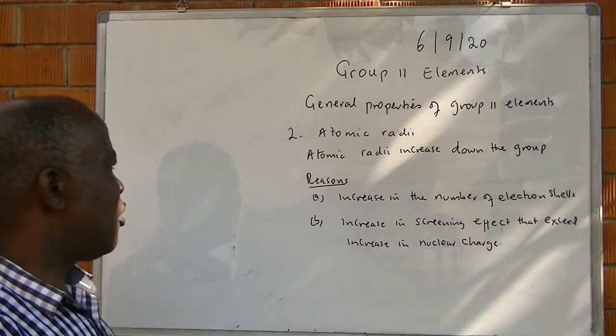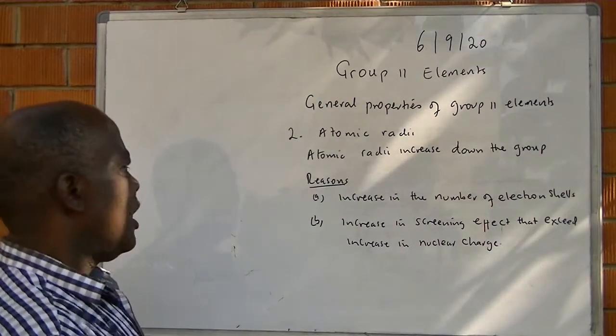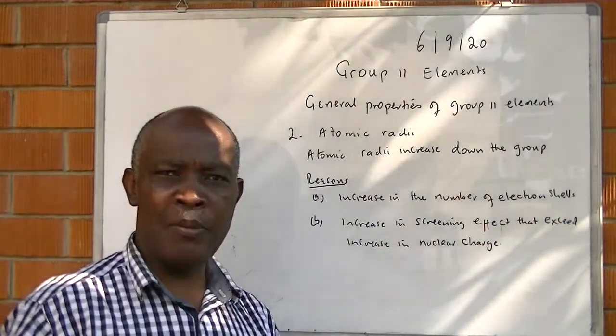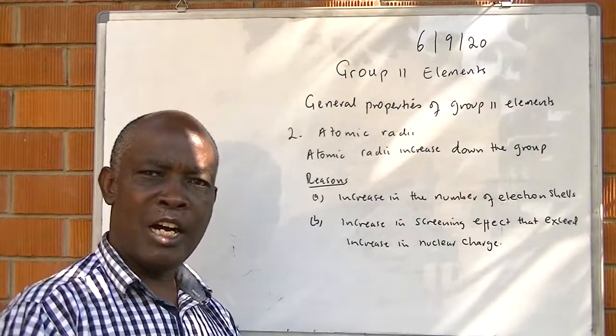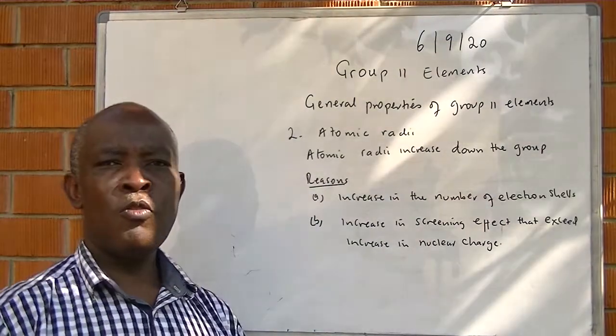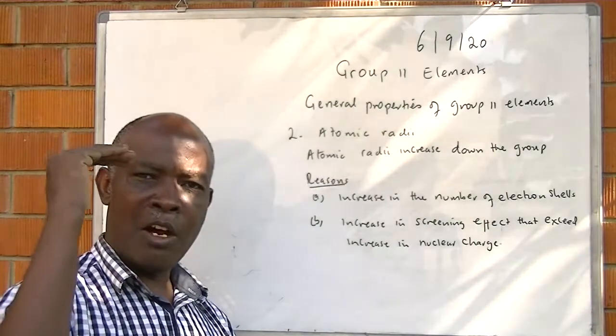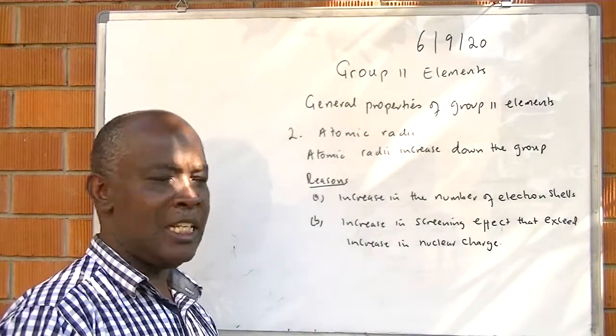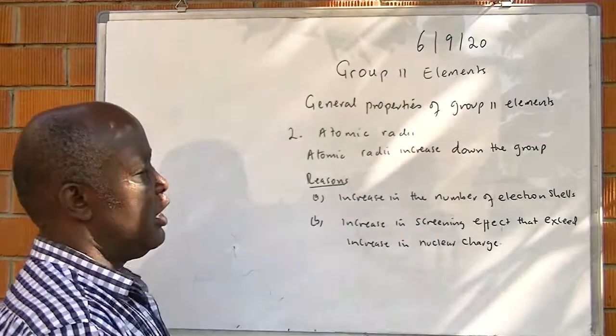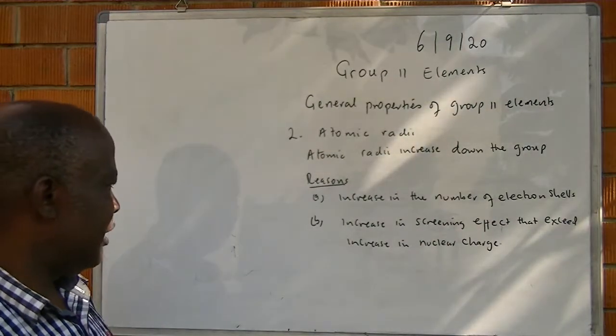Two, atomic radii. Atomic radii of group 2 elements increases down the group for 2 reasons. One, as you are going down the group from one element to another, the number of electron shells increase.